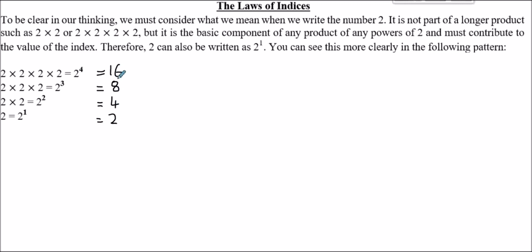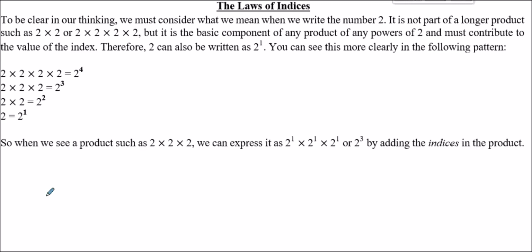So if you just carry on the pattern, half of 16 is 8, half of 8 is 4, half of 4 is 2, half of 2 is 1. And so intuitively, if we carry on the pattern with this exponent, 4, 3, 2, 1, 0, we would expect 2 to the power 0 to be 1. I'm going to try and convince you of that in a different way later on, by the way. Let's move on.